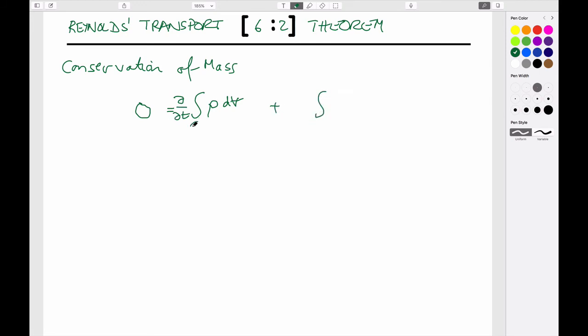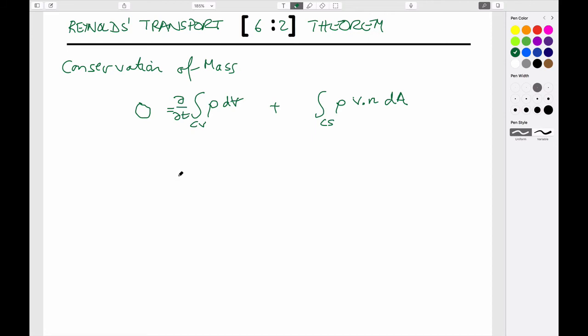The first is over a control volume, and this one is over a control surface. And it's a density multiplied by a velocity dot product with n, times dA. So that's the expression.